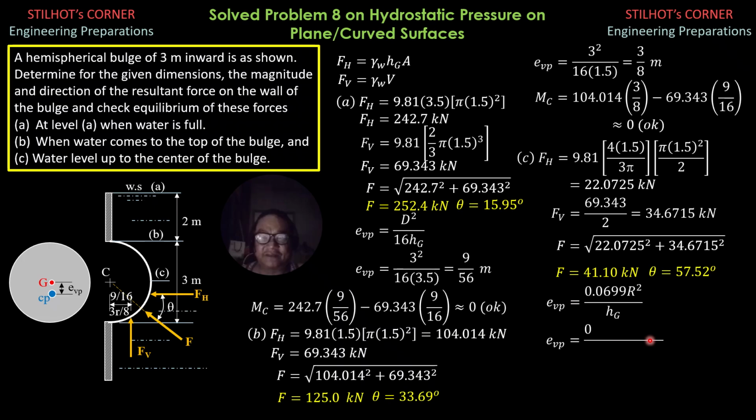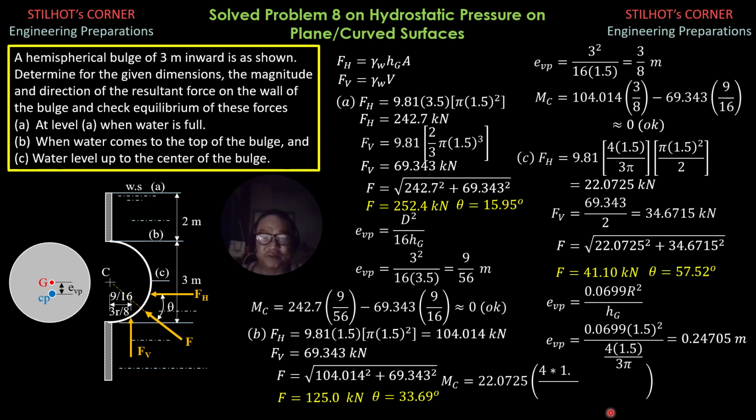So substituting, EVP is 0.0699 times 1.5 square over 4r over 3 pi, and that is equal to 0.24705 meters. Then we sum up moment about C. The moment arm of FH is 4r over 3 pi plus this EVP, while the moment arm of FV, which is 34.6715, is the same, 9 over 16.